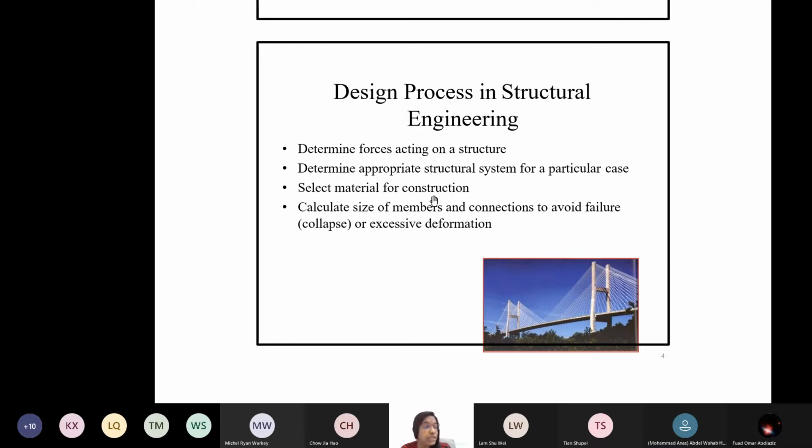Now coming to this one, material. Yes, economy. You have to make it very economic by using proper economic material, not spending more on materials. Materials also play a role for the particular element of the building. Calculate the size of the members and connections to avoid failure or excessive deformation.